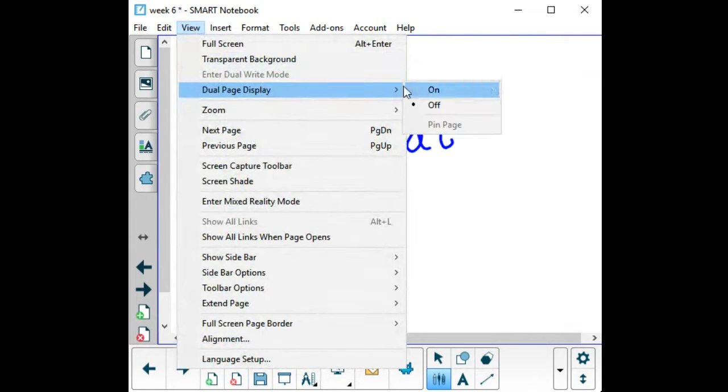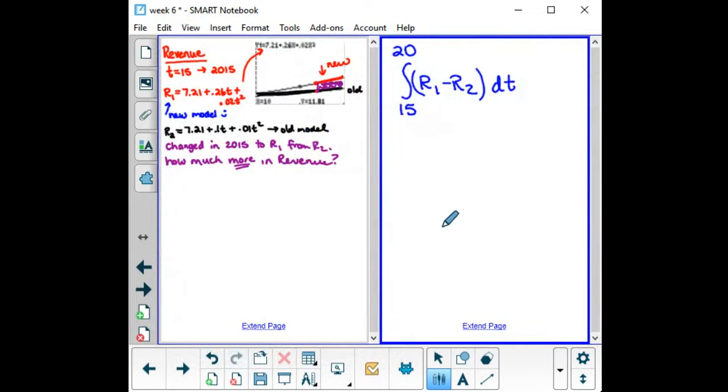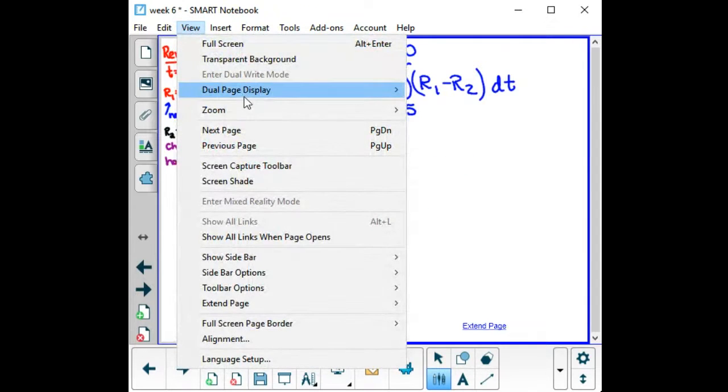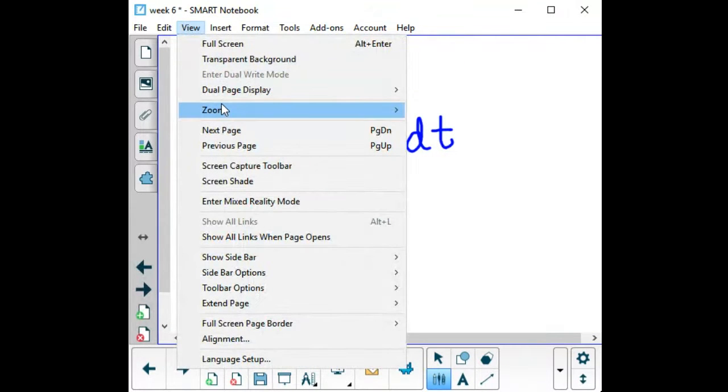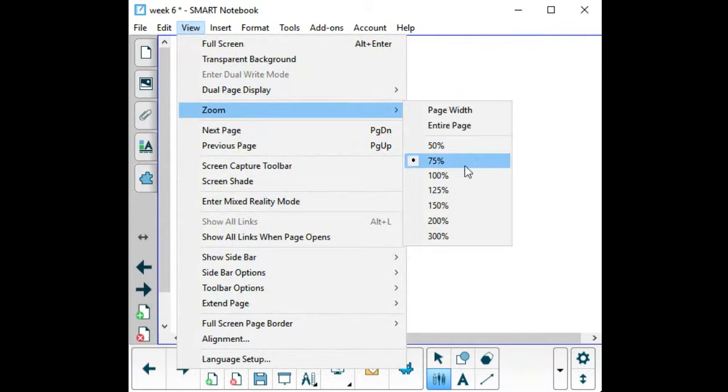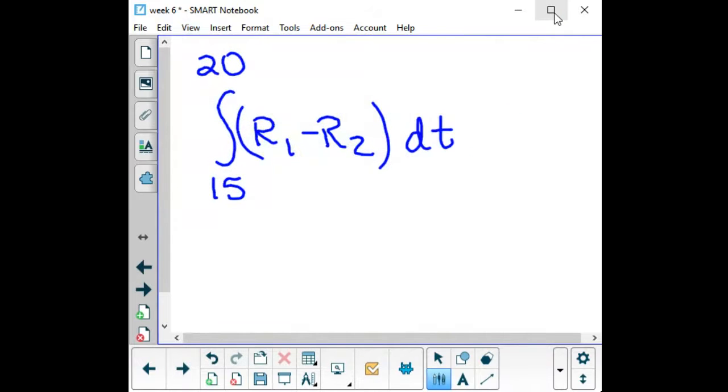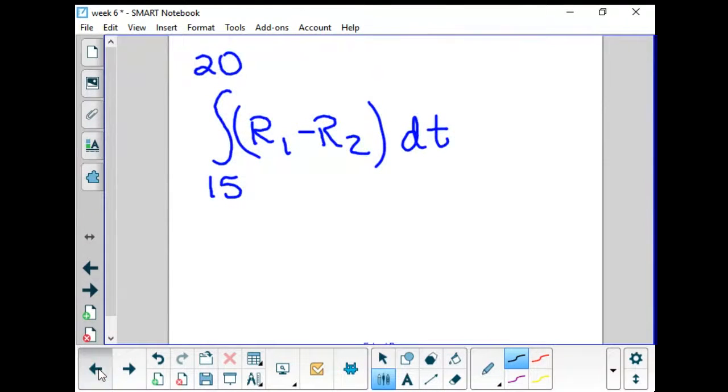Now I will go back to dual. Hopefully that's not too horrible. And I'm going to undo that. Still trying to figure out what looks the best. It's hard for me because I can't really see it the way you guys see it. It's always going to look bigger on my screen.